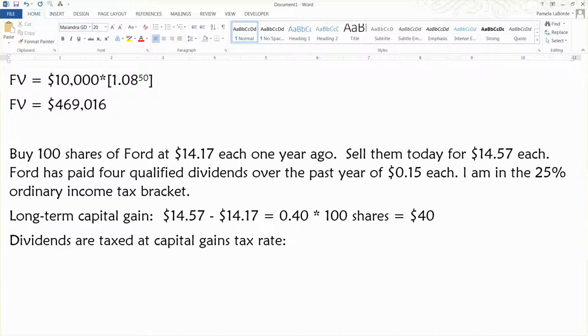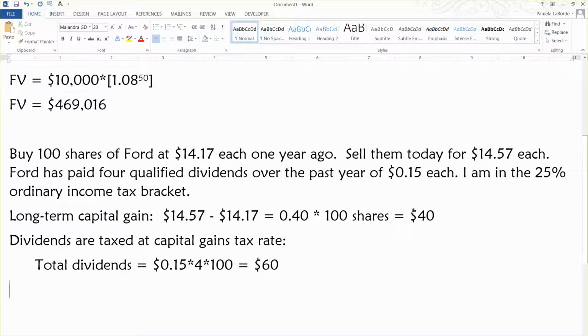And so my dividends total 15 cents a share, paid 4 times, and I own 100 shares. So that's 60 cents times 100, that's $60.